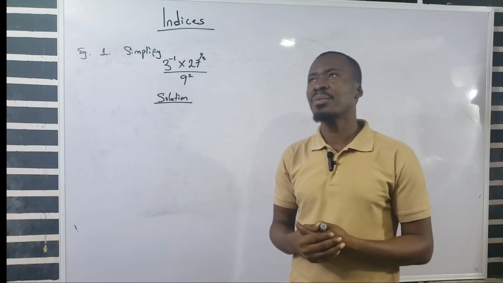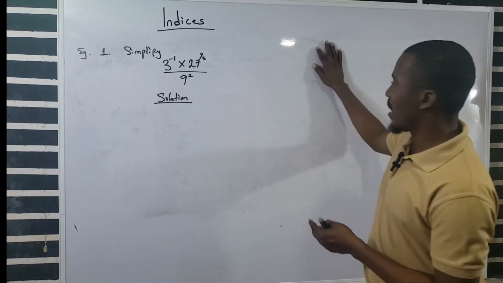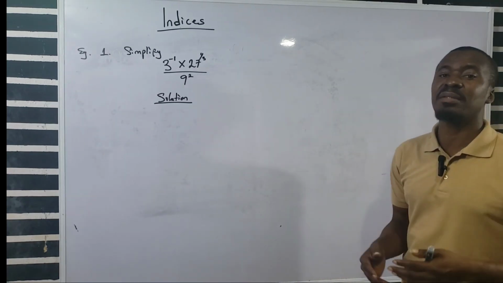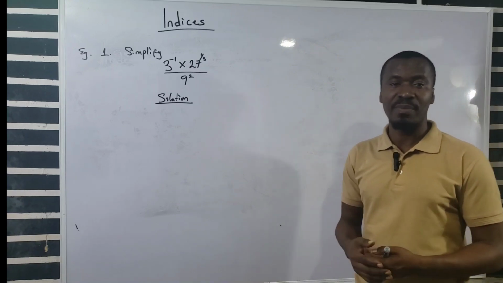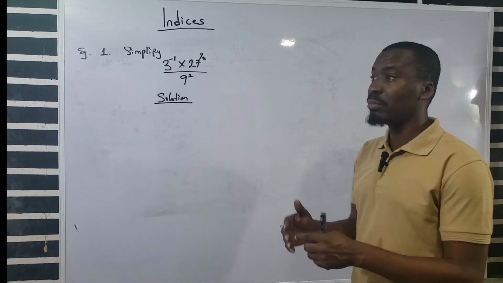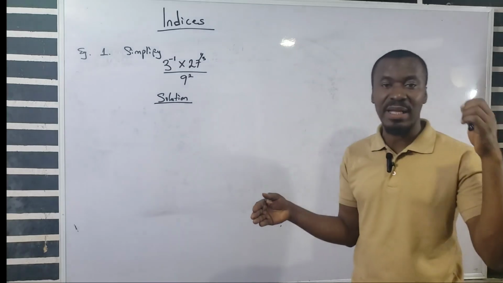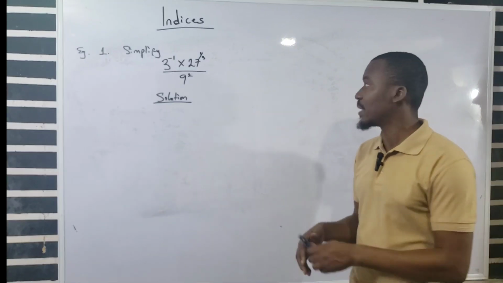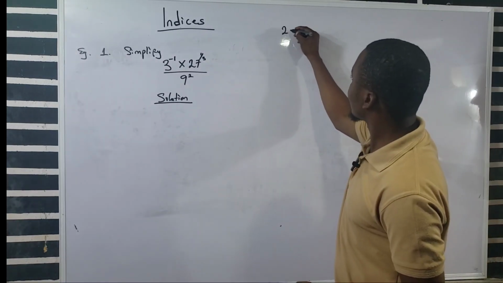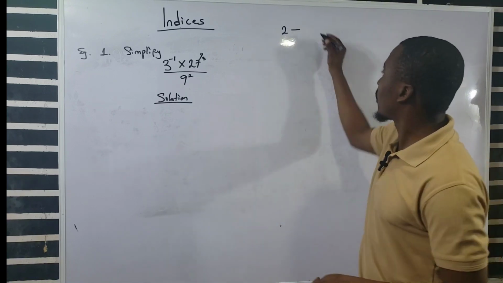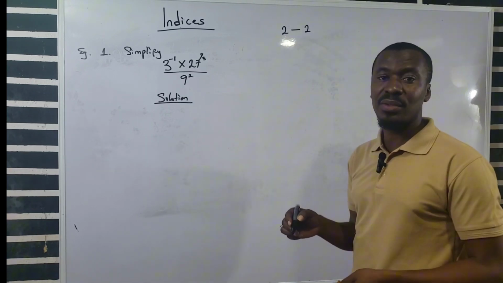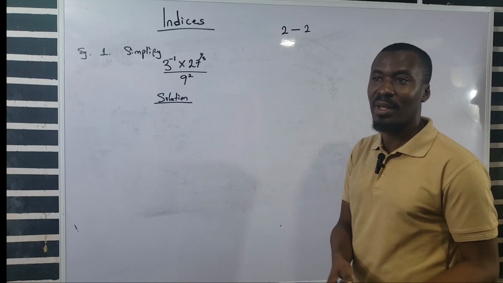Okay, let me do something here. I'm going to write out the lowest bases, and write the numbers that have that particular number as their lowest base. Let's start from 2. Of course, 2 can be expressed as 2 raised to power 1. So 2 is the lowest base of 2.